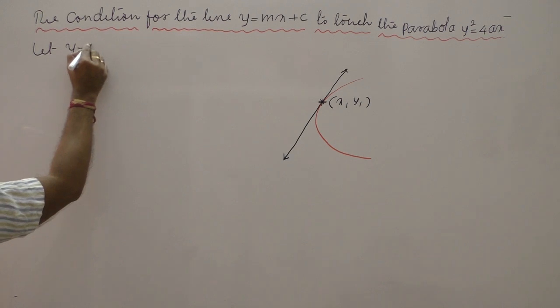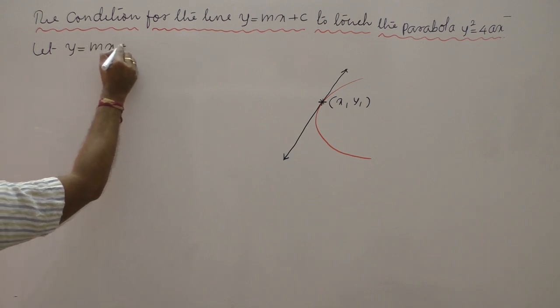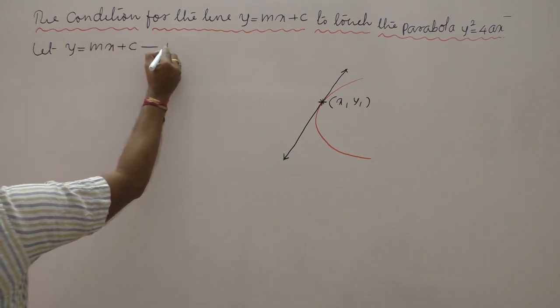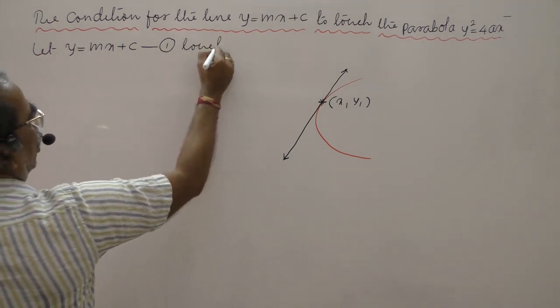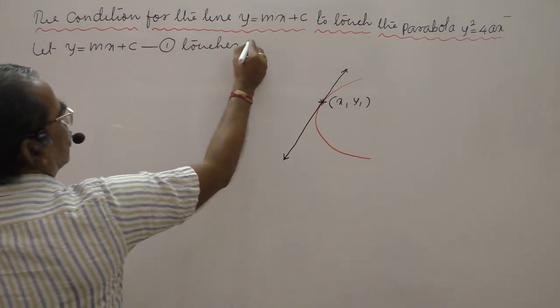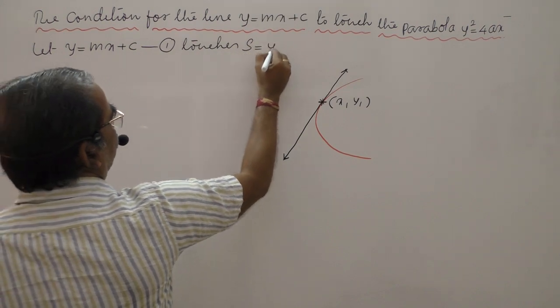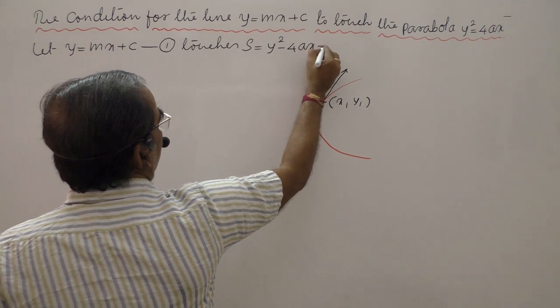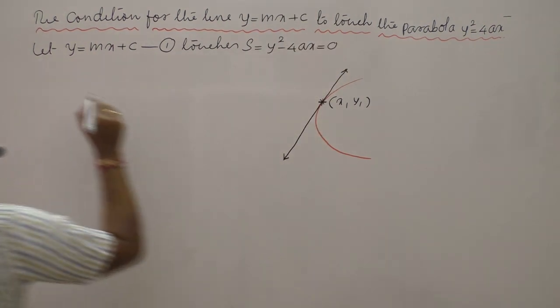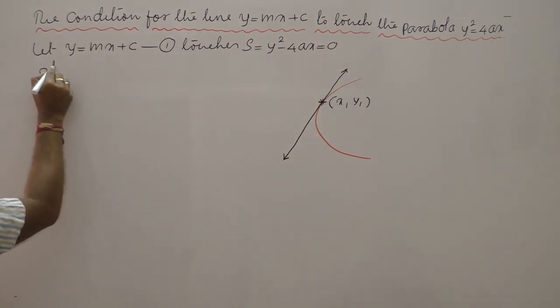Let the given line y is equal to mx plus c, say equation number 1, touch the parabola y square equal to 4ax, that is s equal to y square minus 4ax equal to 0.